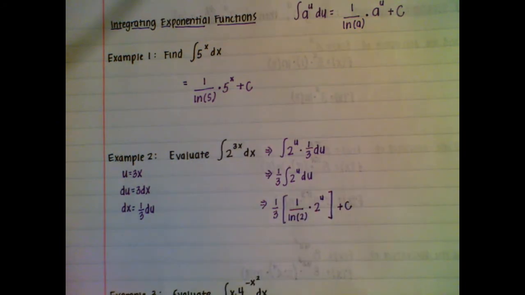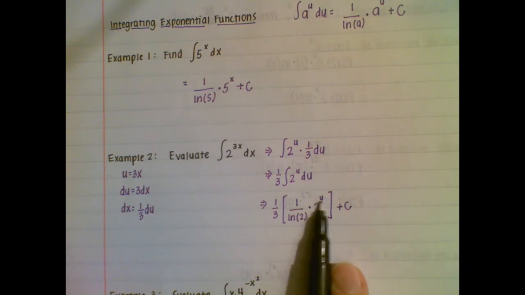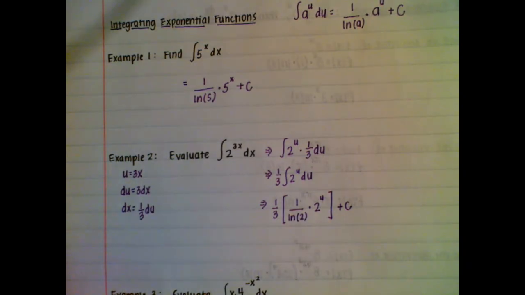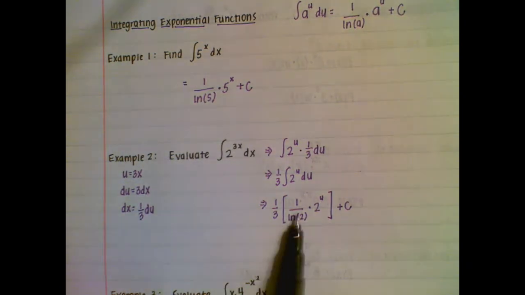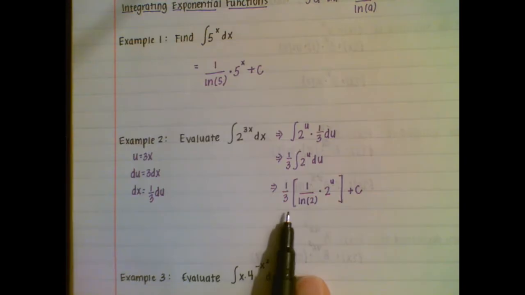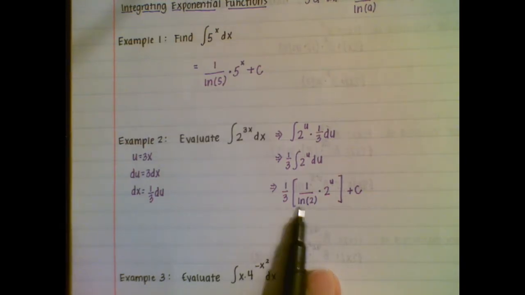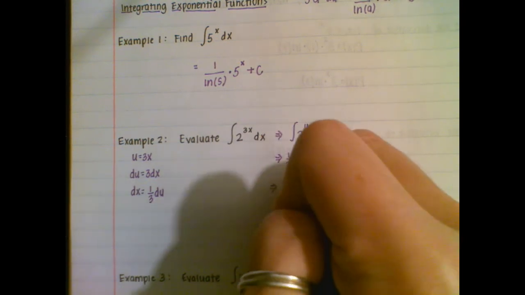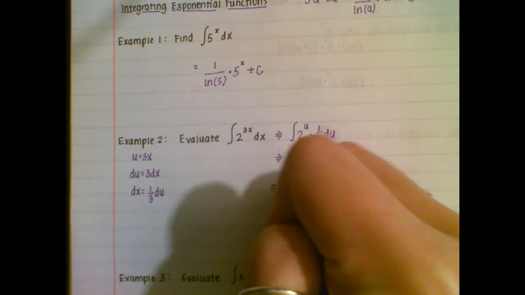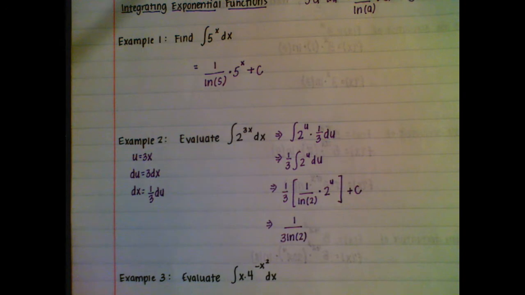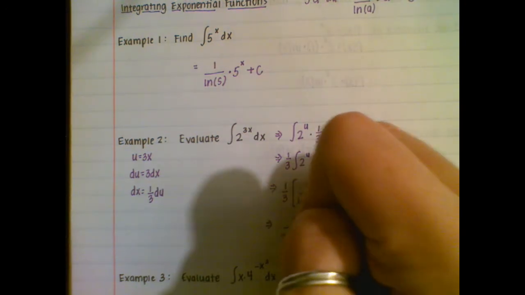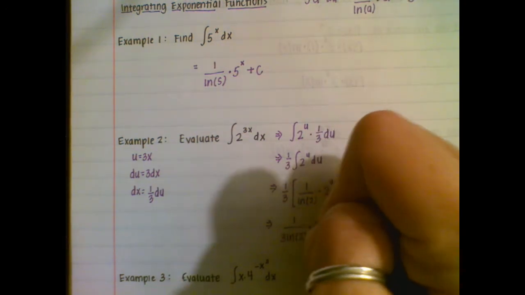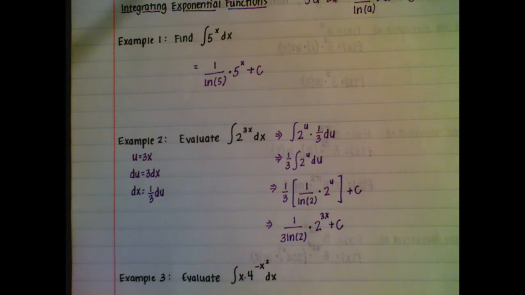plus c. And then I don't want to forget to not only substitute back in for u, but I am going to clean this up a little bit. And we are going to be condensing a little bit using natural log rules. So I'm going to rewrite this as 1 over 3 ln of 2. And then I'm going to go ahead and substitute back in my u, so 2 to the 3x plus c.